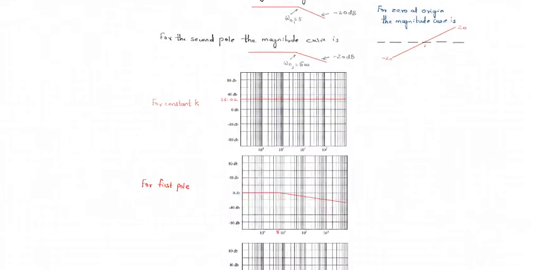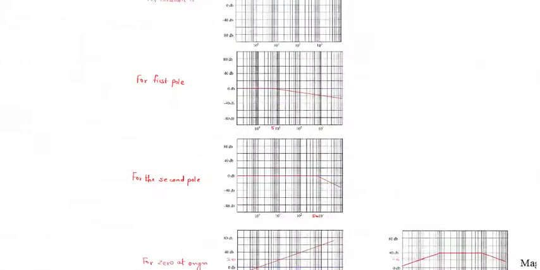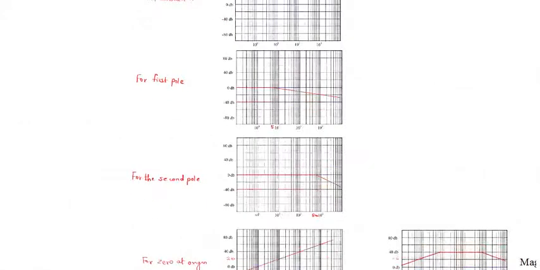Similar would be the characteristic for the second pole. The system remains 0 up to omega n2, which is 500. Above 500 the system has a roll off rate of 20 dB per decade.